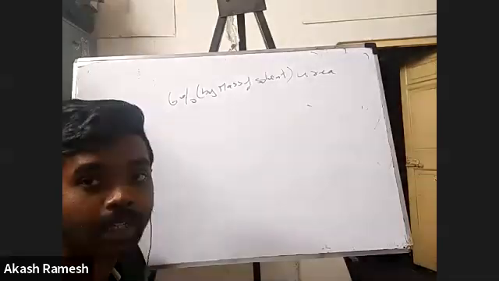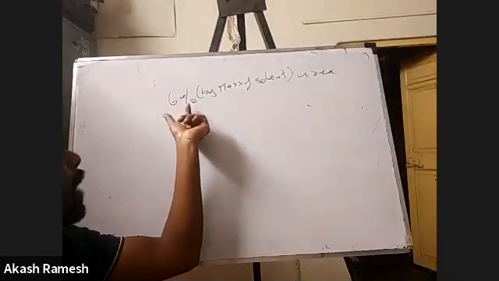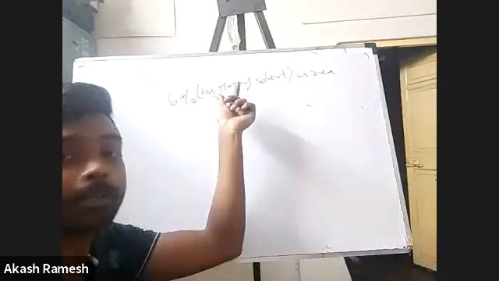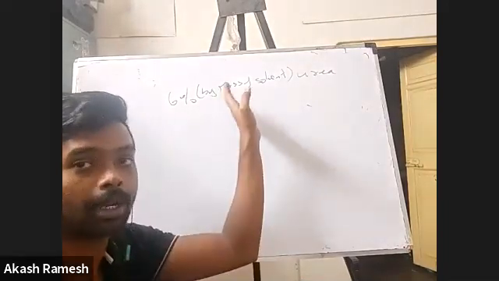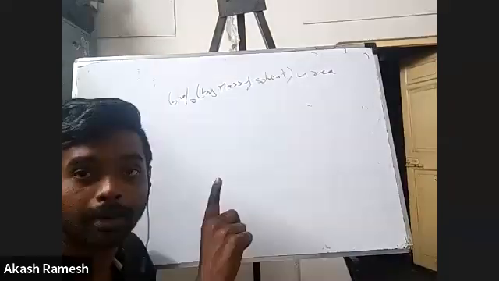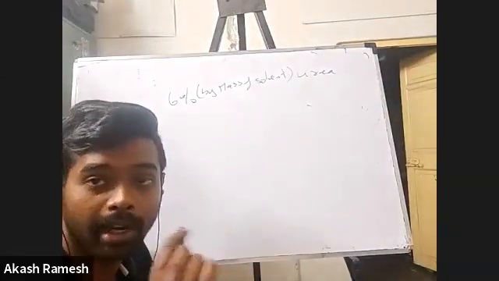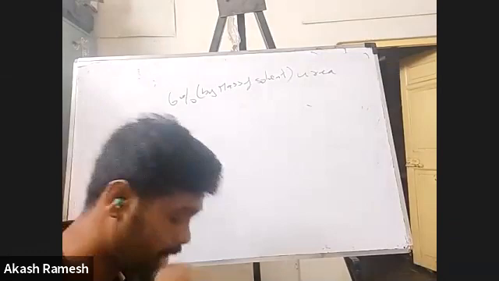Absolutely. This means 6 grams of urea is present in 100 grams of solvent. Very important. Just because you see a percentage, do not always assume; reading the question is very, very important.